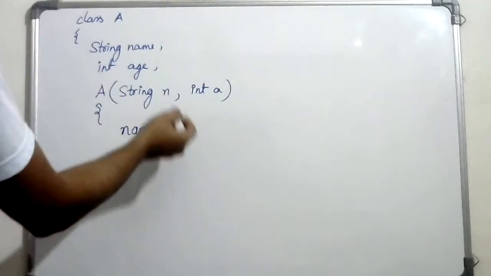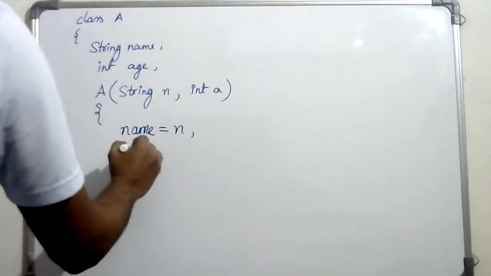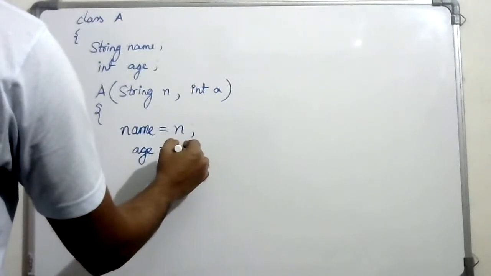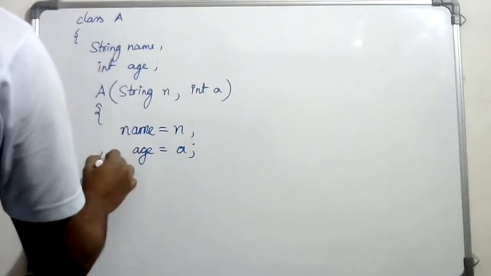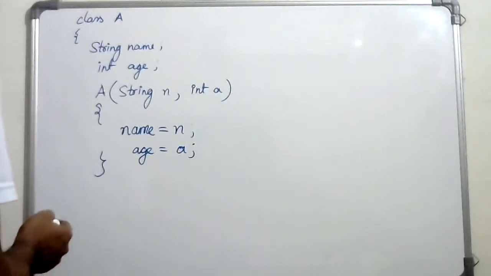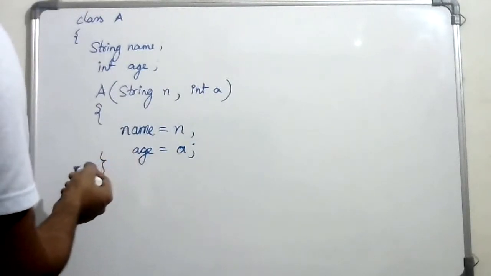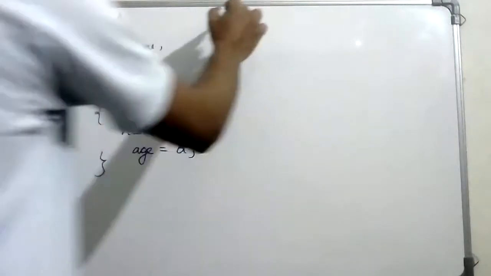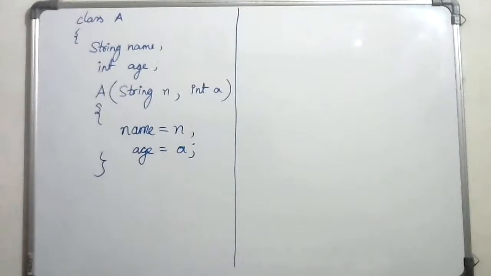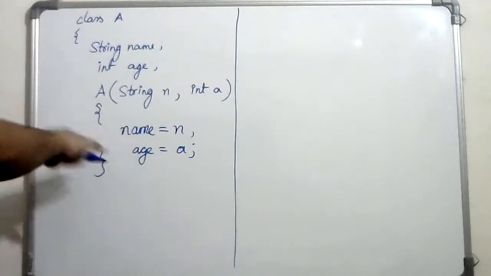So name is initialized to n and age is initialized to a. So that's your parameterized constructor. There are certain functions, but I'm not writing them, as we are concerned about constructors only.